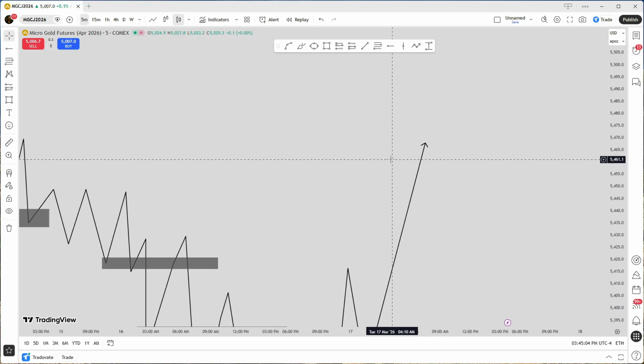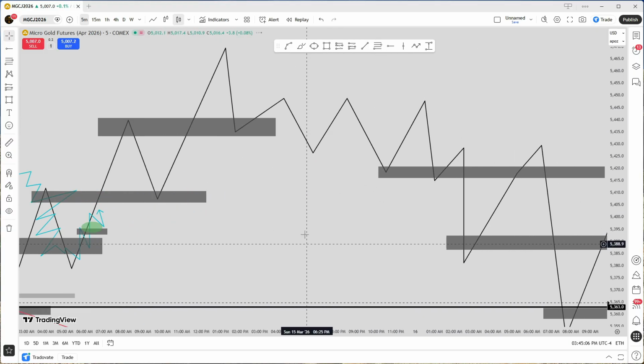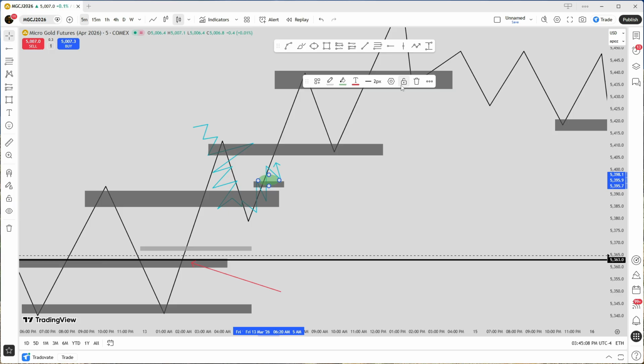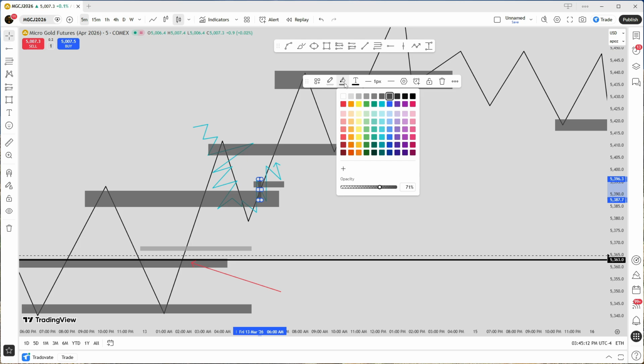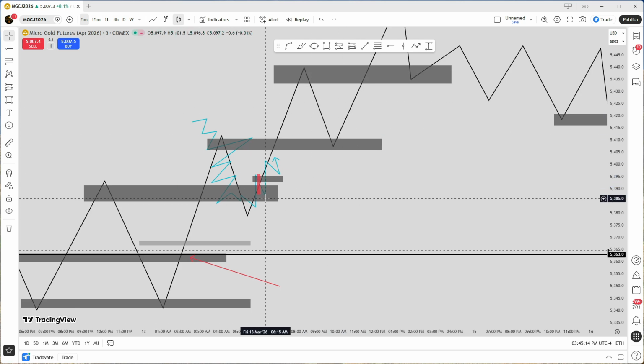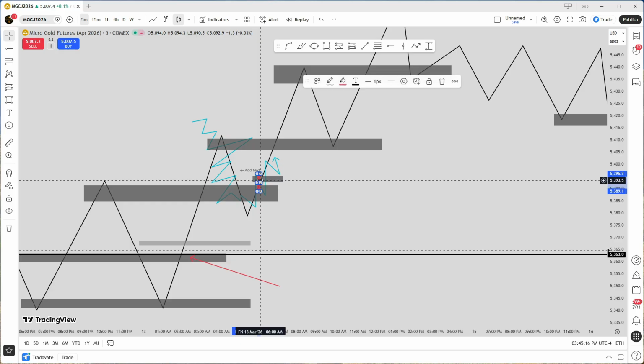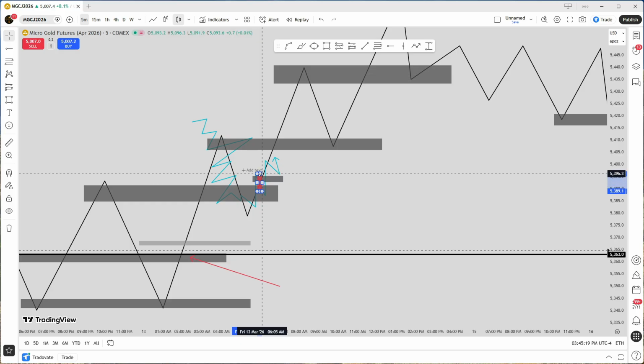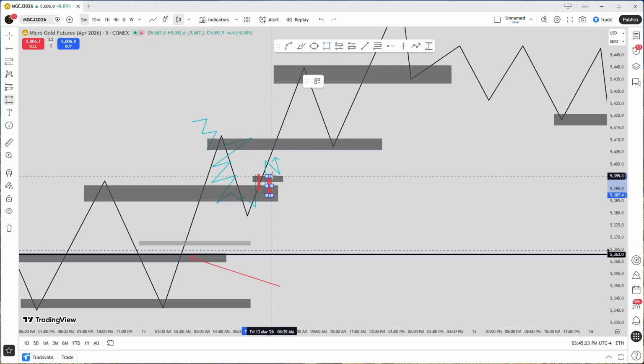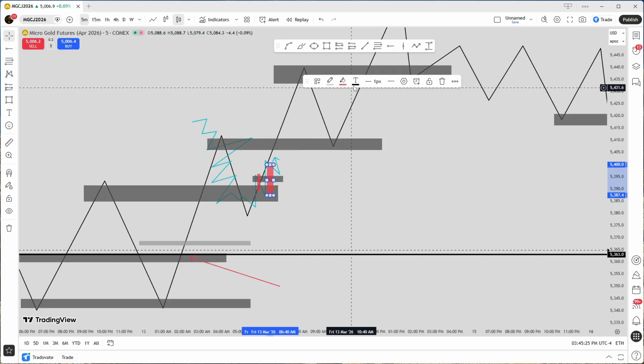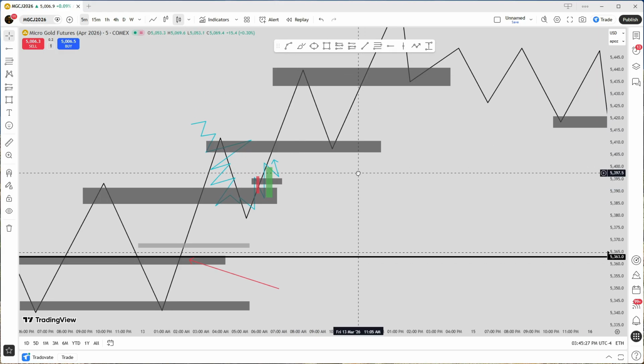Let's just go back over here. Let's just say this is the last red candle here, right? Put this as a green candle.